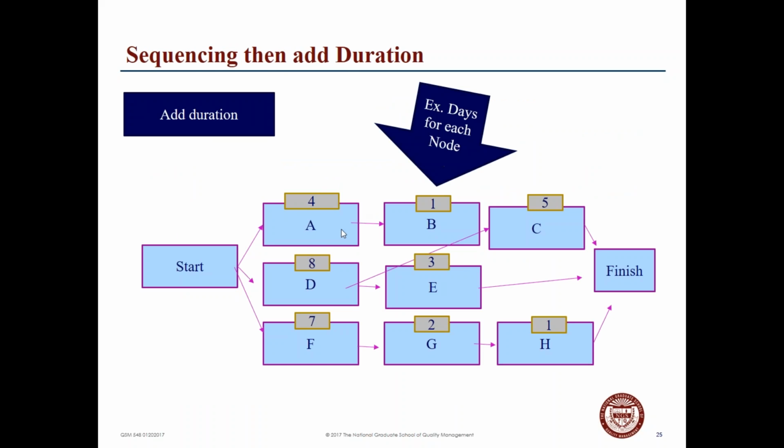So various nodes. For example, the PeopleSoft implementation that we're doing in my hospital, this could be A, B, and C, could be the finance track. D and E could be, say, purchasing. F, G, and H could be the HR piece, but they're all important to get us to the finish line.